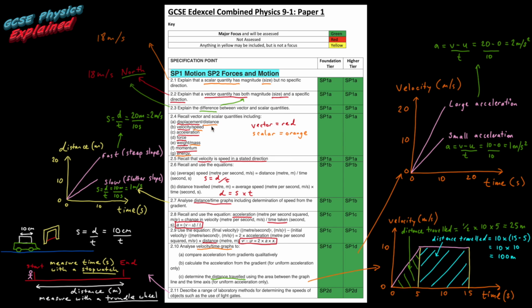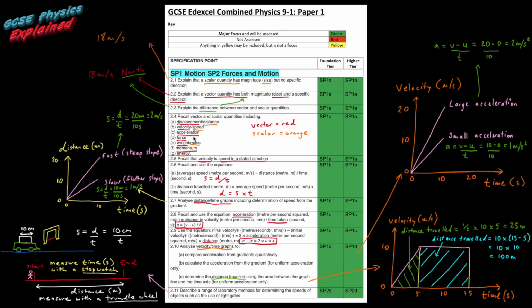Now sometimes they can be paired up. So distance, if you give distance a direction, it then becomes known as displacement. If you give speed a direction, it becomes known as velocity. So velocity is basically speed with a given direction.